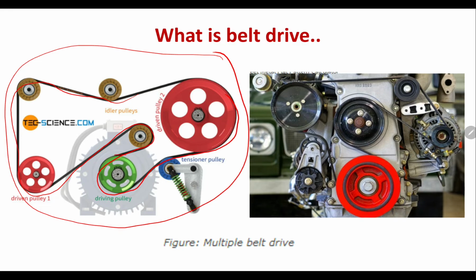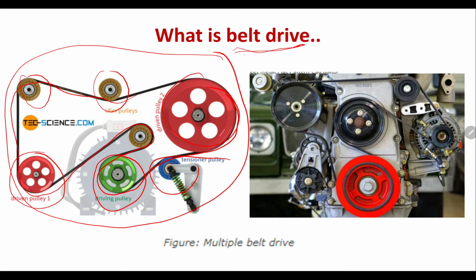So we will see that this is the driving pulley given in the red color, this is driven pulley number 1, this is driven pulley number 2, then certain idler pulleys are used here, and here a tensioner pulley is used. So this is the application of belt drive, but it is a multiple belt drive.